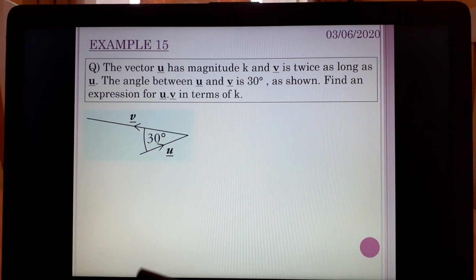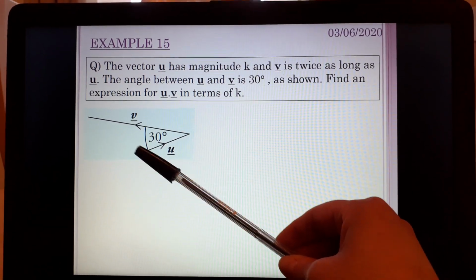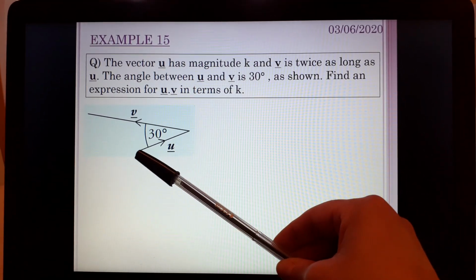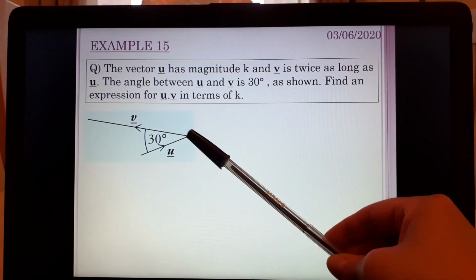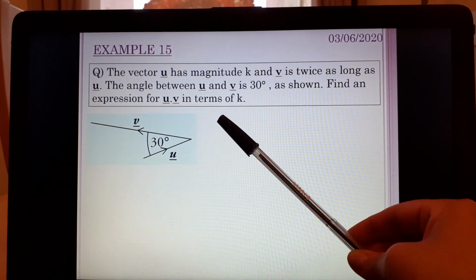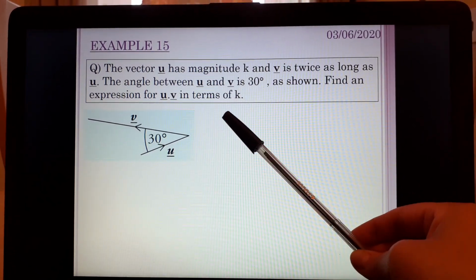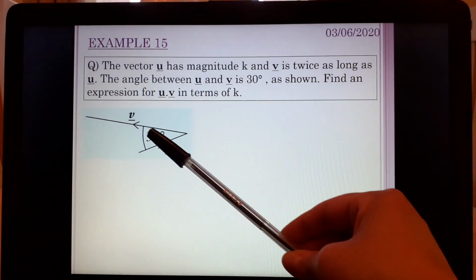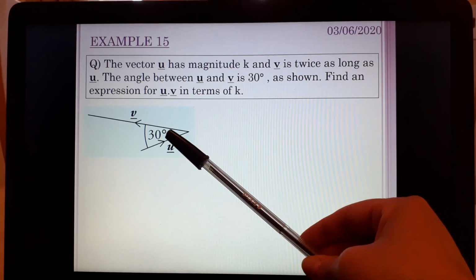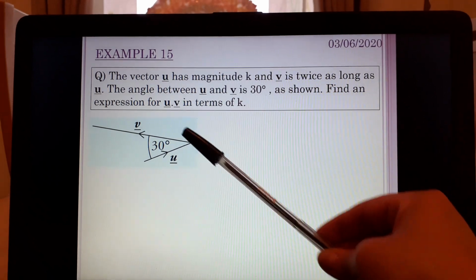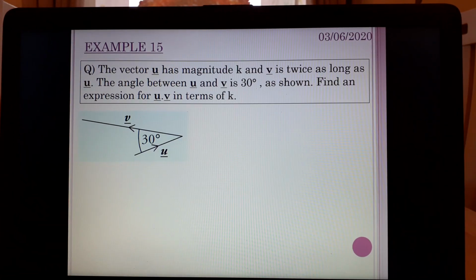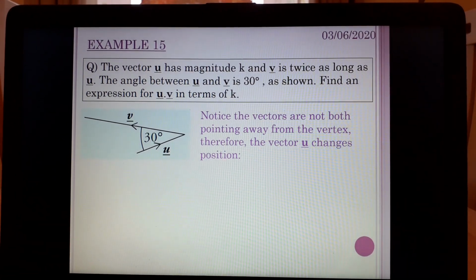It doesn't have to start at the fixed point there. So I could actually think of lifting that vector, for example. If I place that vector into that position there, that's fine. And that means that they would both be pointing away from each other. But then instead of an angle of 30, the angle would be 150. So I'll show you that in a diagram here.